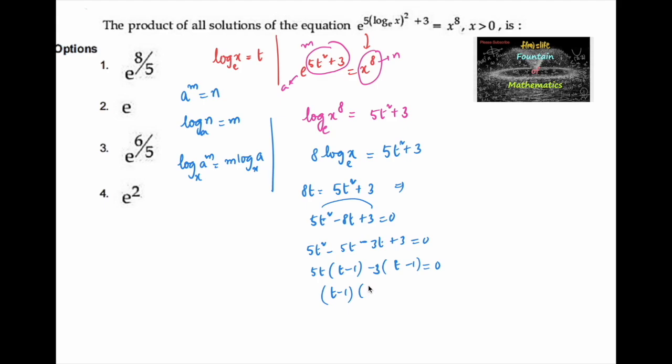So t minus 1 into 5t minus 3 is equal to 0. So t minus 1 is equal to 0, 5t minus 3 is equal to 0. So t is equal to 1, t is equal to 3 by 5.